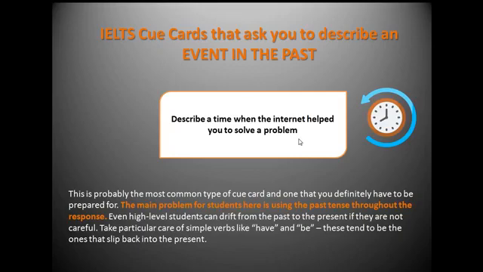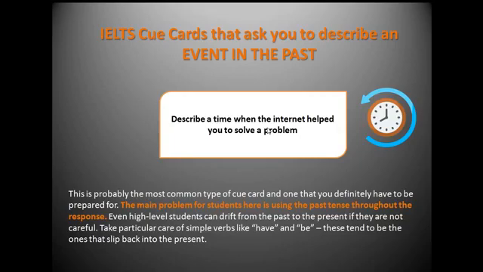Now just pay attention. This is probably the most common type of cue card, and one that you definitely have to be prepared for. Why do you need to be prepared for this type of cue card? Because these days, the internet is the major tool that's used by almost everyone, for different purposes.